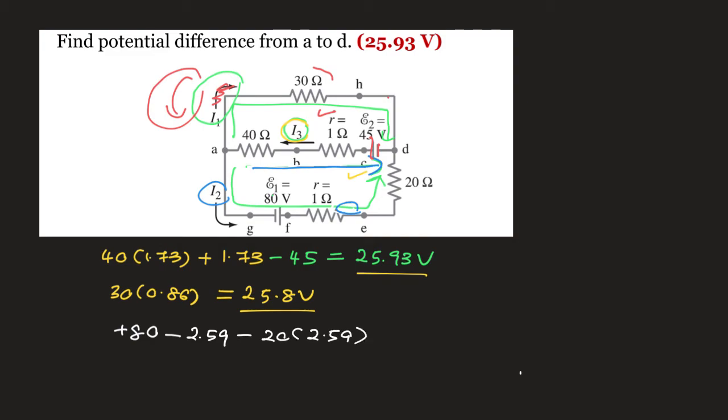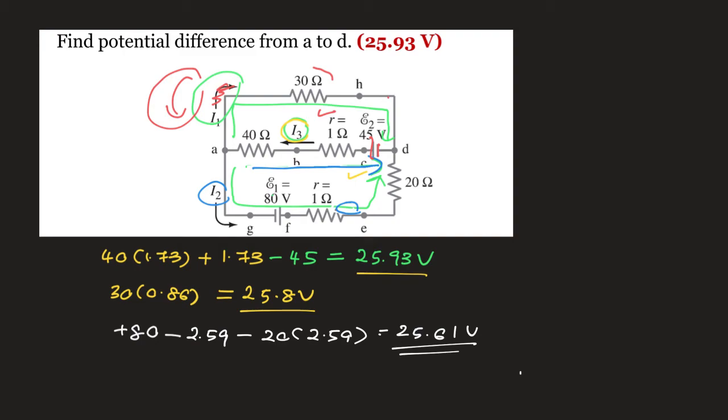There's no more resistor there, therefore your answer is 25.61 volt. The difference is below 5%, or about 0.01, so it's still acceptable. For example, if you get 24 and 25 volt, it is going to be totally wrong.